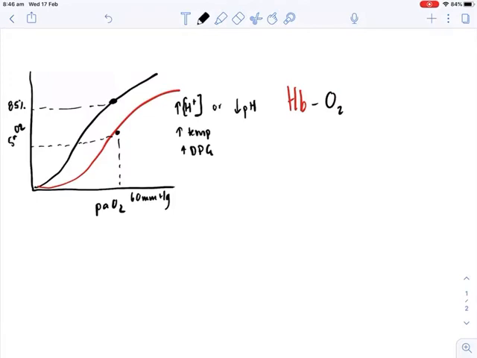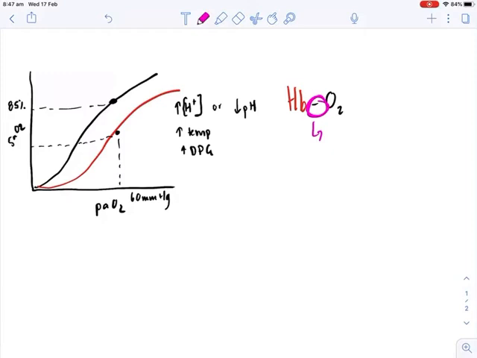Now, say we're in a metabolic acidosis, we've got a high lactate, our pH is coming down, maybe it's 7.28. What happens is this bond here starts to undo before you reach your cells.